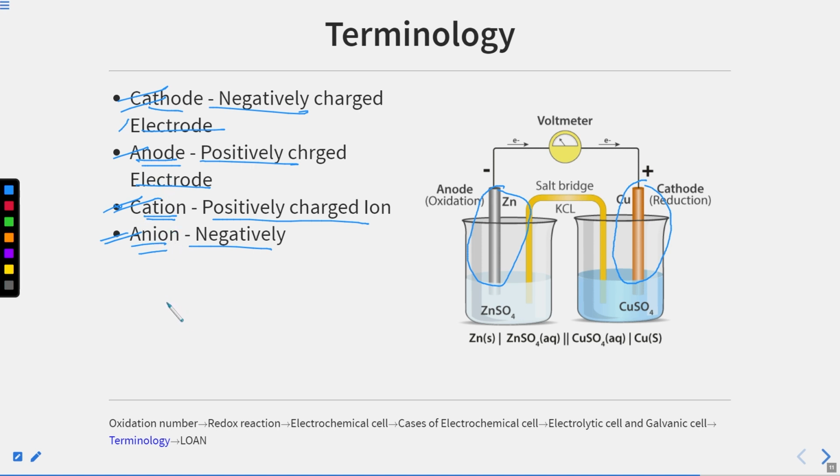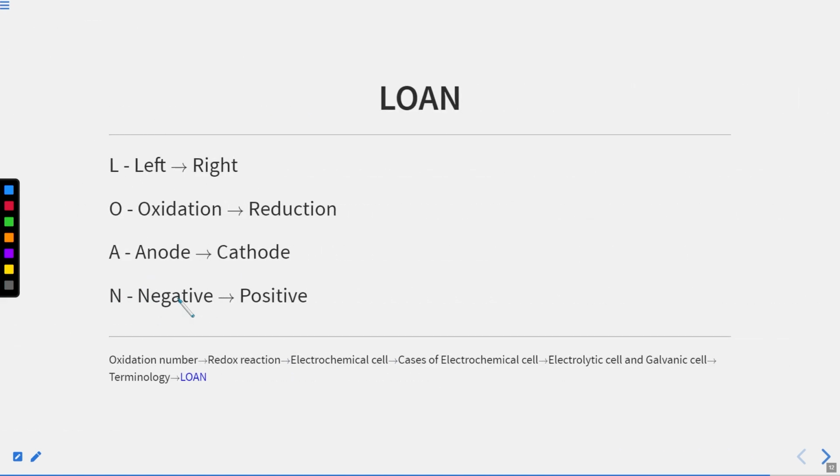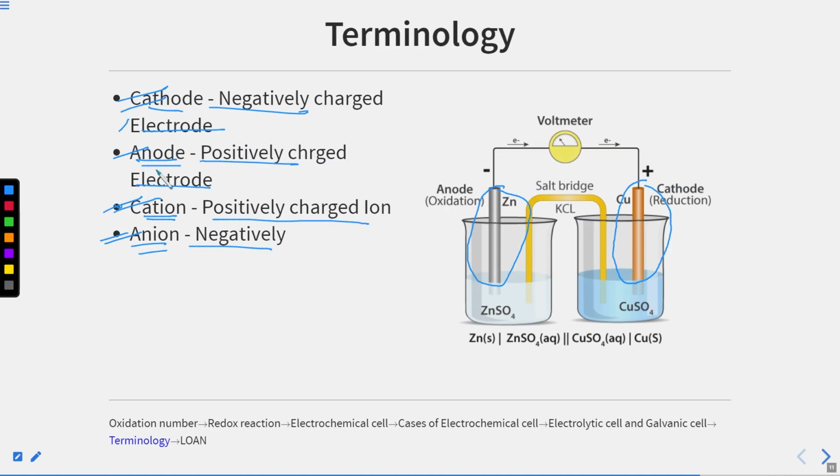So these things may confuse you in a way. How do we get rid of this confusion? There is a mnemonic device you can use. It is called LONE, and it will help you remember this. What does LONE mean? If you see here, on the left side oxidation is happening.